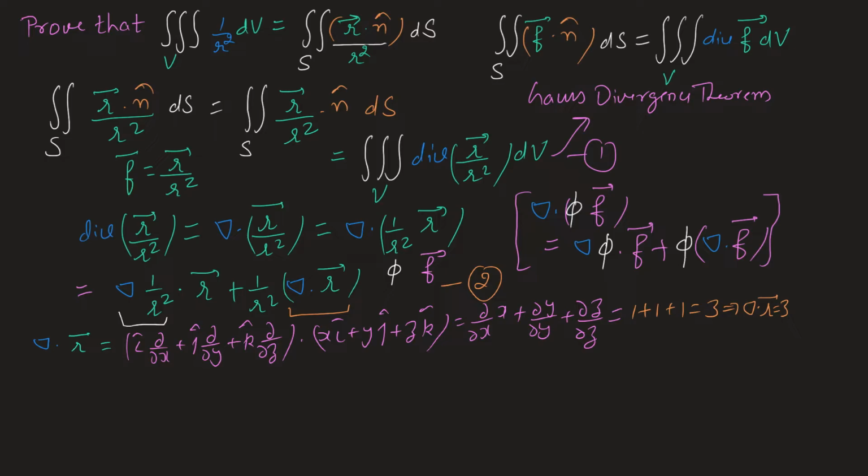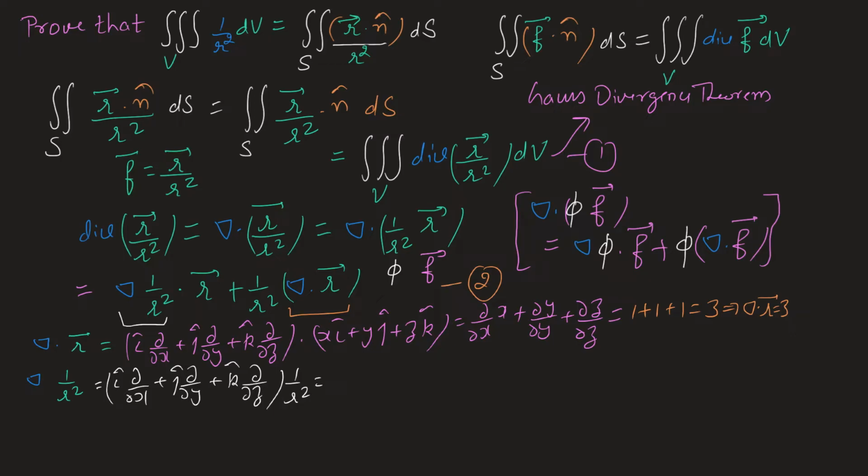Now next we will calculate del of 1 by r square. Again write it as i curly by curly x plus j curly by curly y plus k cap curly by curly z, acting on 1 by r square.